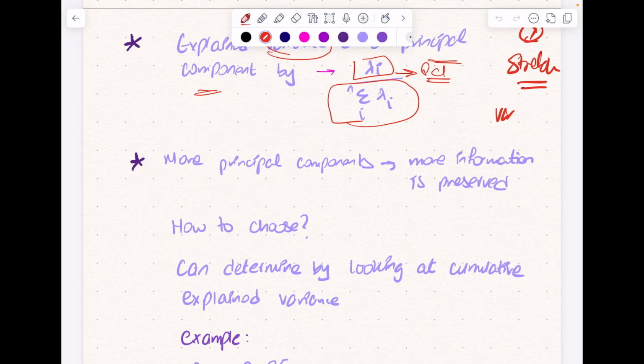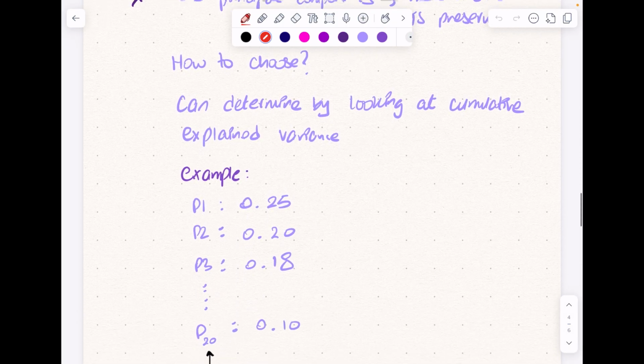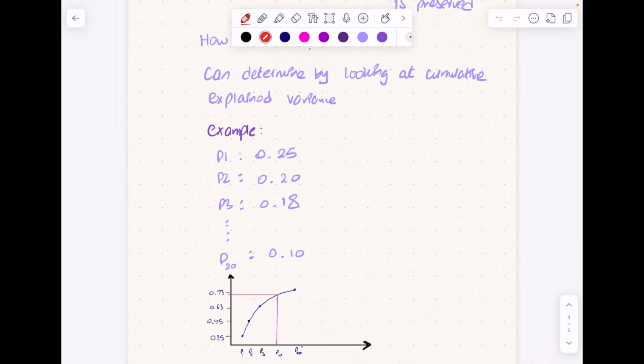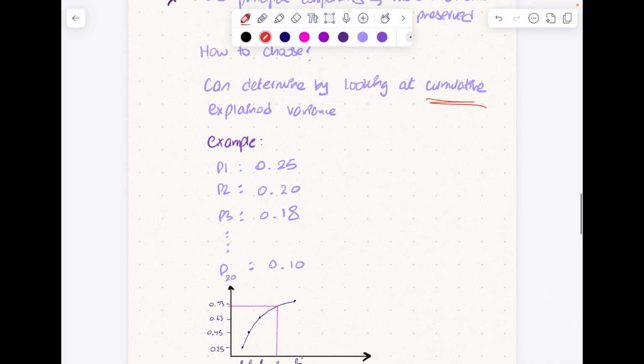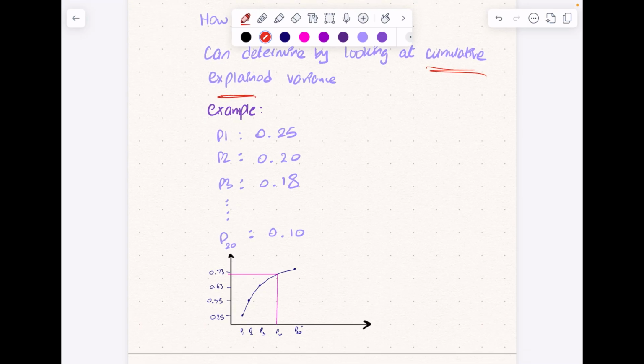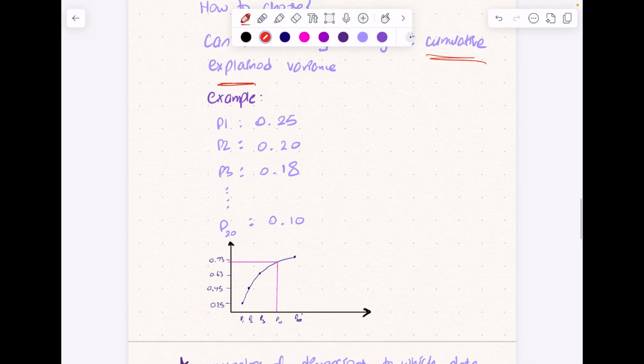of principal components? So what we can do is plot the cumulative explained variance graph. First of all, let's see how to find this cumulative variance.